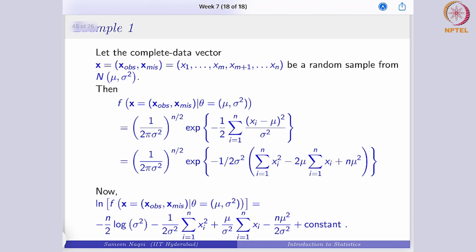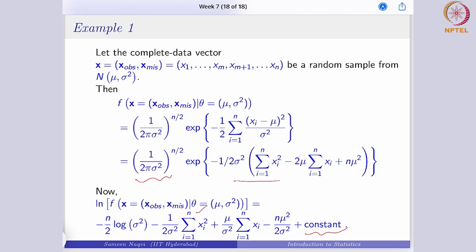Next, what we have to do is take the log of this likelihood function. So log of this would be minus n by 2 log sigma square and minus n by 2 log 2 pi, which is a constant. On this side, it would be minus 1 by 2 summation xi square.